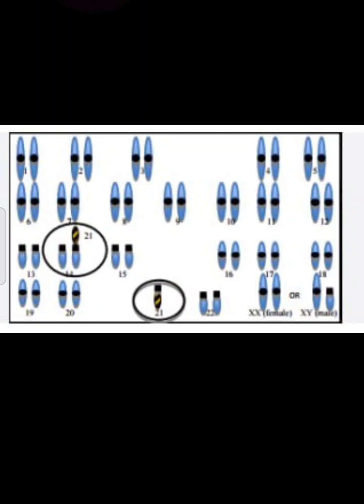Then when gametogenesis occurs, one gamete will contain 2 copies of the 21, and the other gamete will not contain any copy of the 21. So that 21 monosomy will not survive. They will die inside the uterus. So the 21 trisomy can survive.